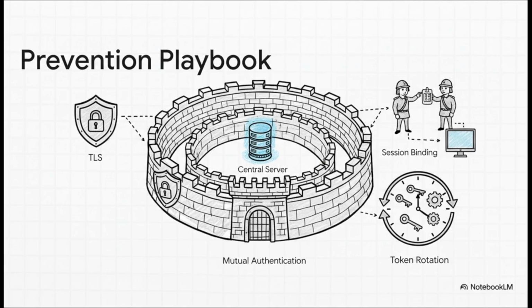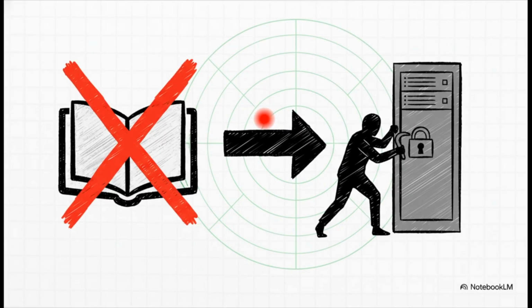On top of that, you bring in the standard best practices. Encrypt all your traffic with TLS. Add cross-site request forgery, or CSRF, protections to block malicious requests. And of course, always use the principle of least privilege. So let's be really clear about this. MCP session hijacking isn't some theoretical what-if kind of risk.